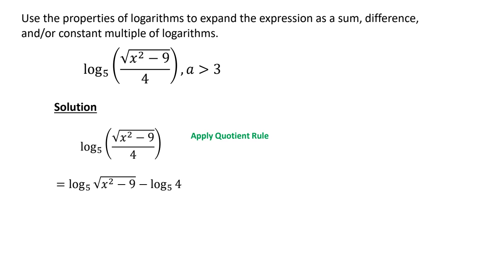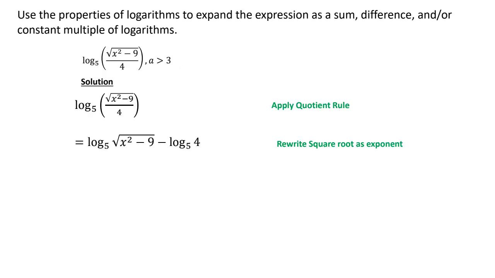Then what I try to do is, do any of my values have exponents? The answer would be yes. And if we have exponents, that means we are going to be able to use our power rule. The first one that I see is the square root. The square root can be written as an exponent, and the square root as an exponent is 1/2.